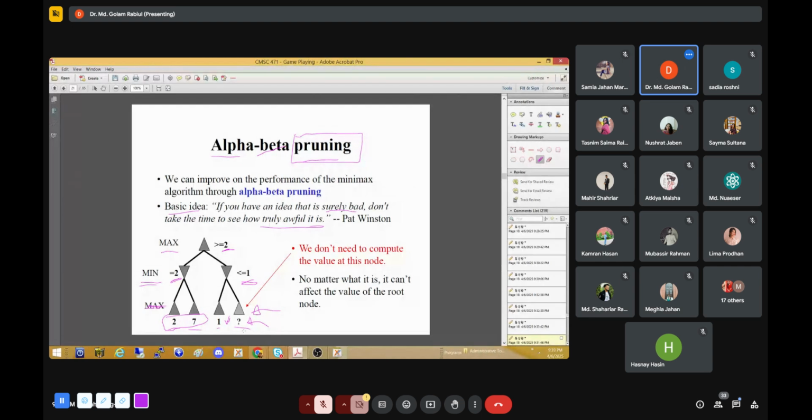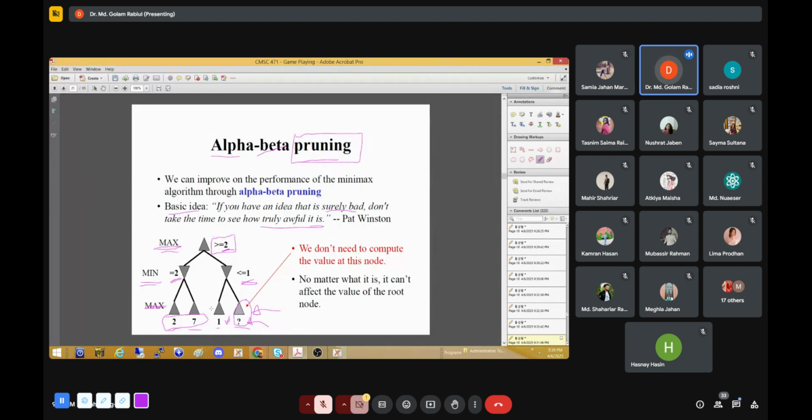Even though we didn't explore this part, we can still say that the evaluation function at that max node will be greater than or equal to 2. Why can we say this without exploring this part?